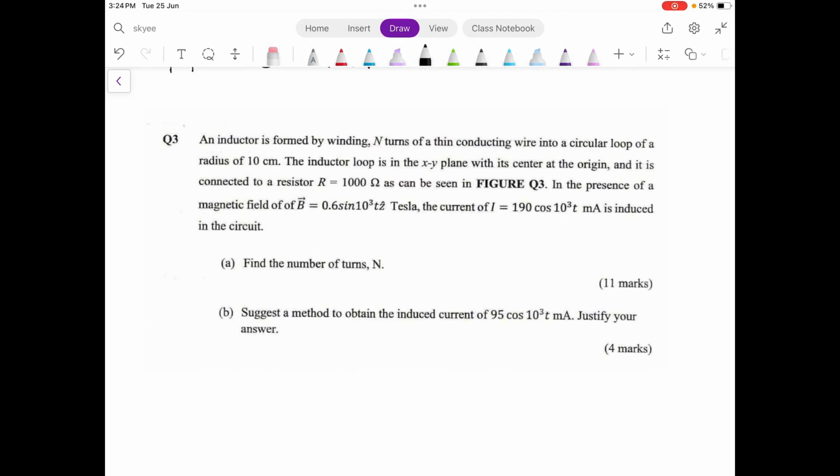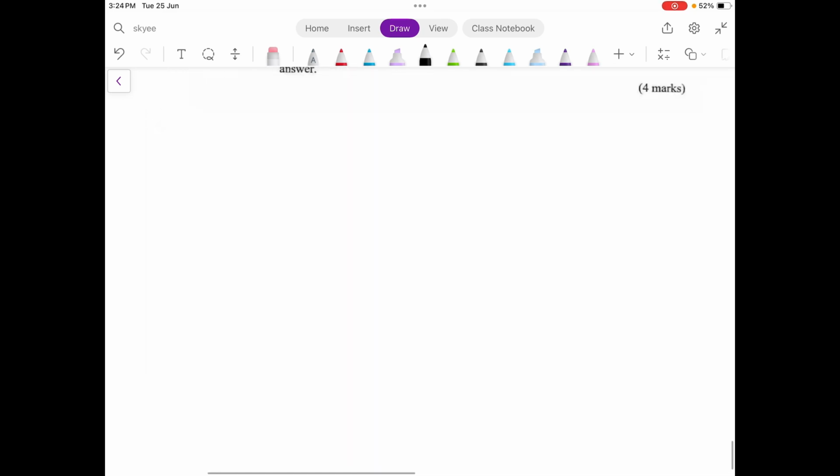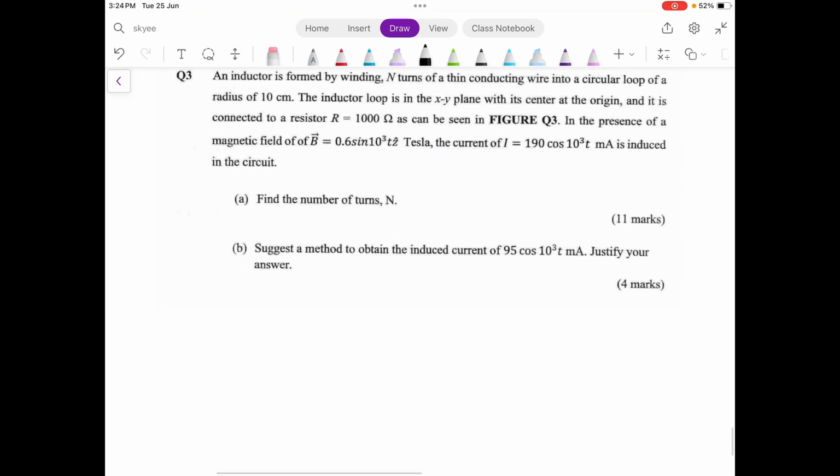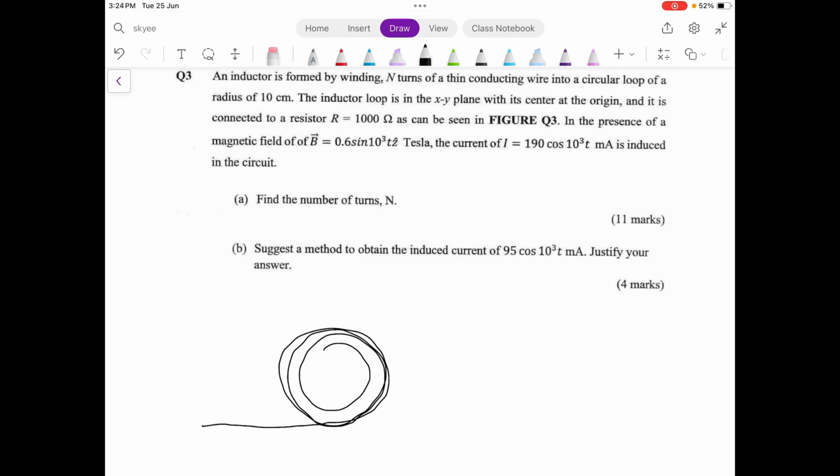It is a circular loop. So this is your loop, the turn is N and the radius is 10 cm.